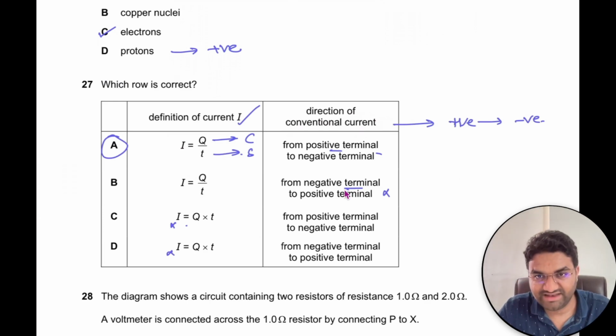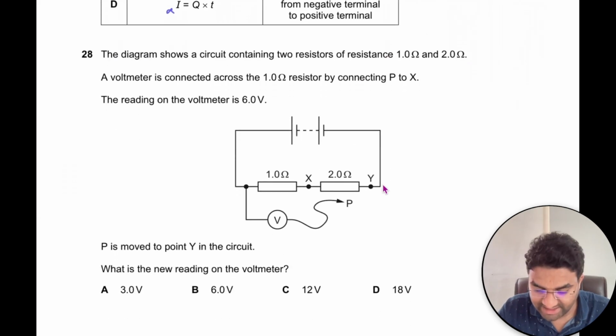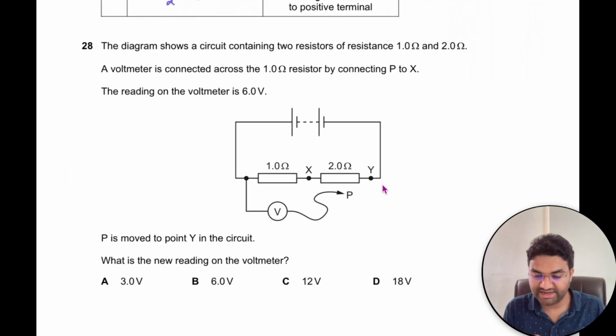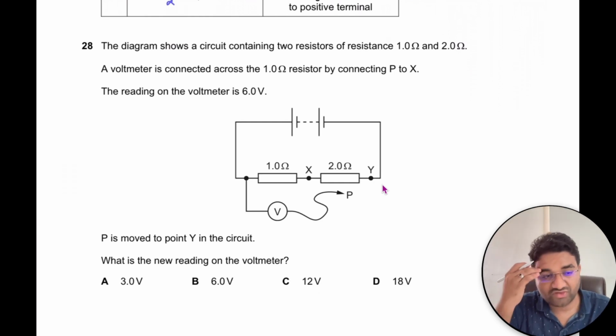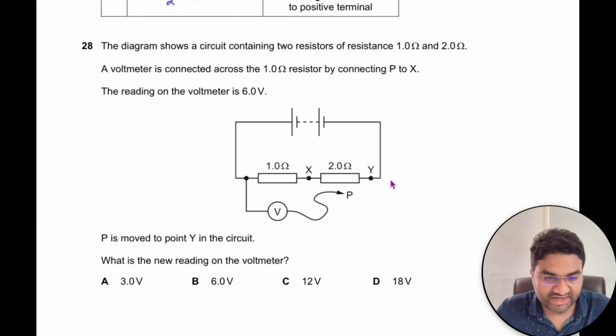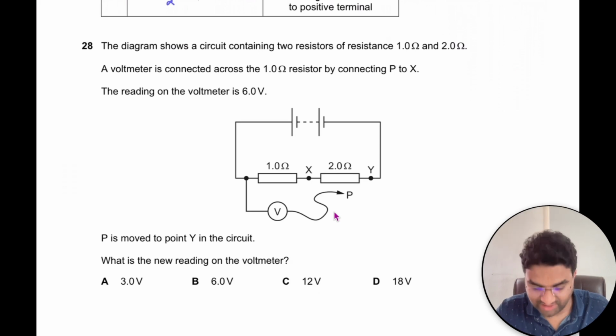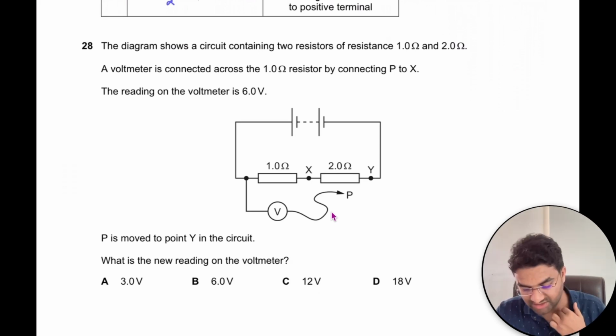All right. Then next one, the diagram shows a circuit containing two resistors of resistance 1 and 2 ohm. The voltmeter is connected across the 1 ohm resistor by connecting P to X. The voltmeter reading is 6 volt. P is moved to the point Y in the circuit.